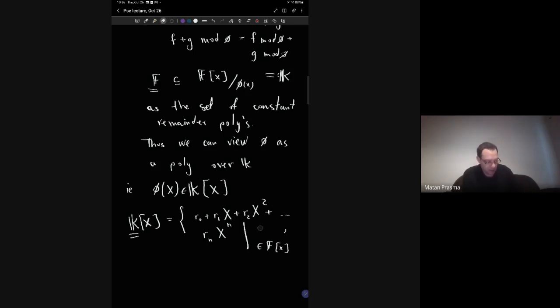Let me write it slightly better. Rn x to the n, such that R0 up to Rn are polynomials over f with degree. Actually, n is maybe not good here because we already took n. So let me do, let's say, m.